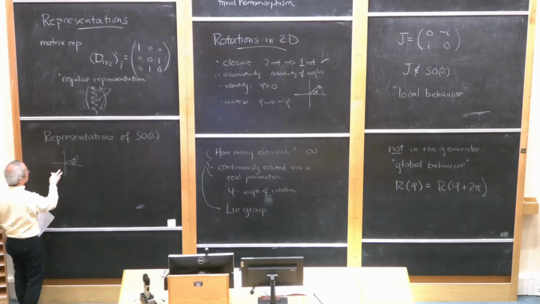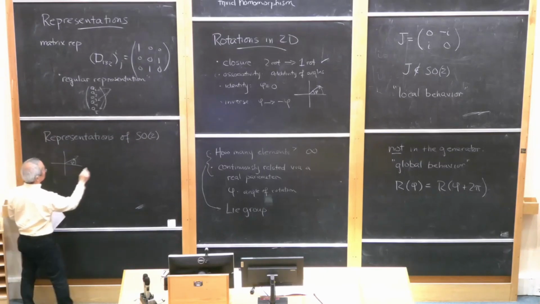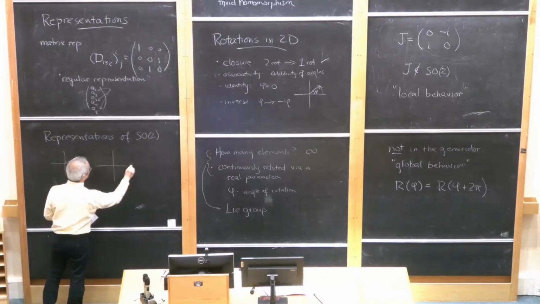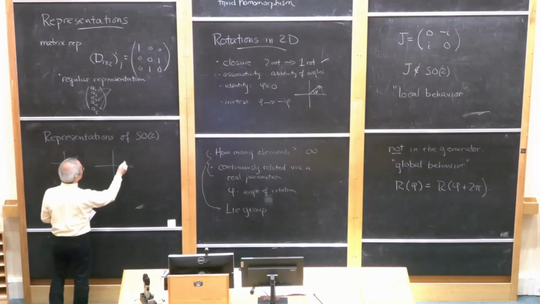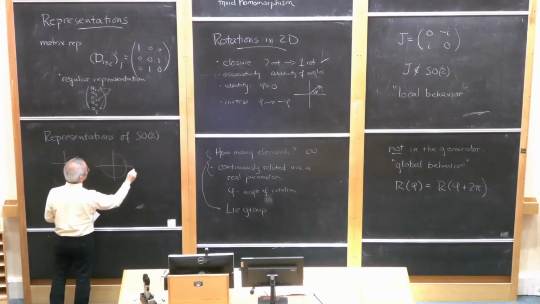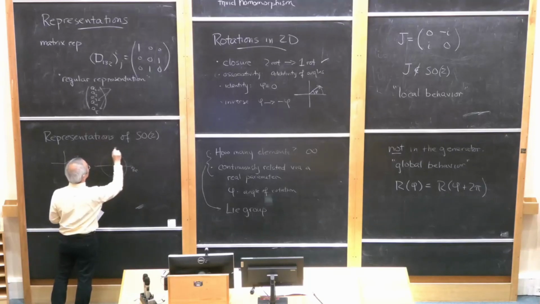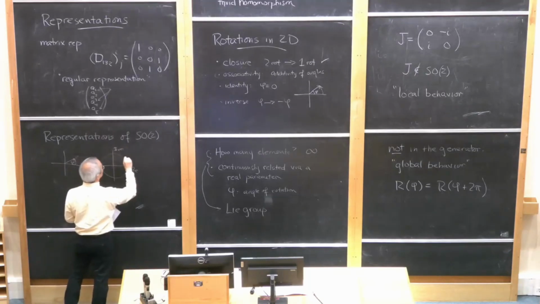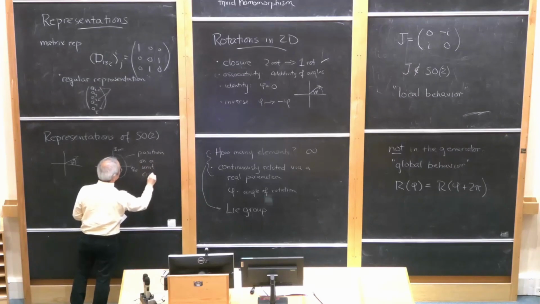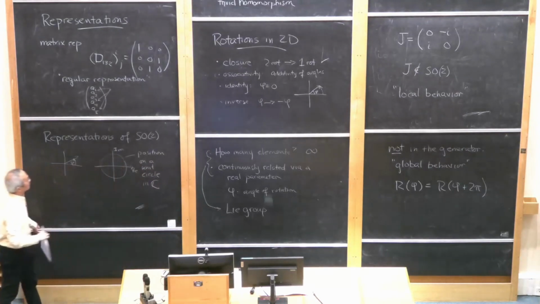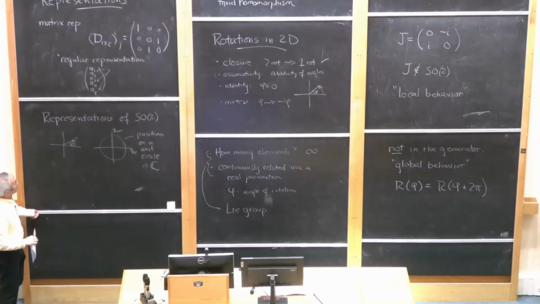So another way of thinking about the elements of this group is position. So if you think about position on a unit circle in complex space.